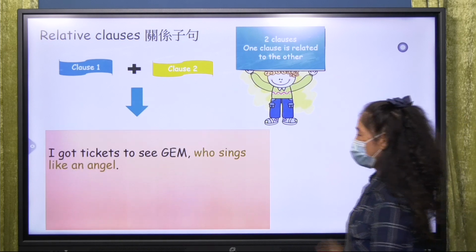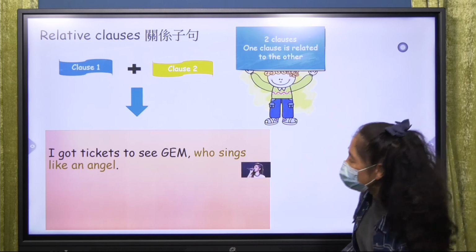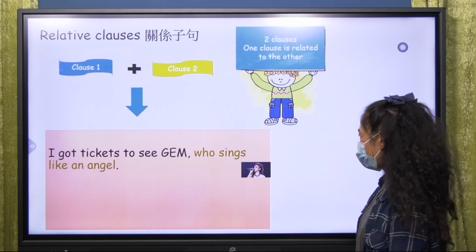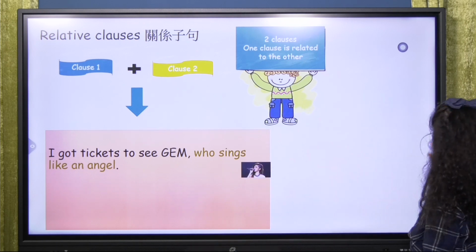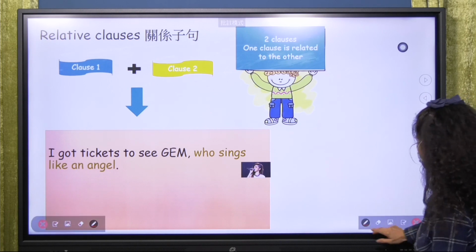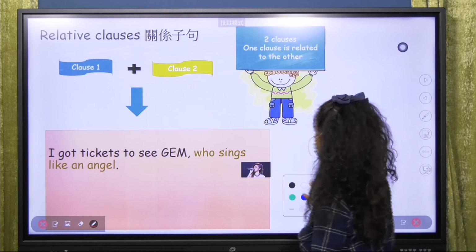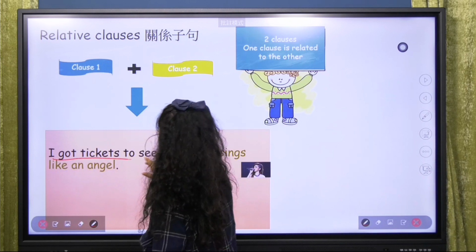Now, here: I got tickets to see Jan, who sings like an angel. All right, so you can see this is a clause, clause one.